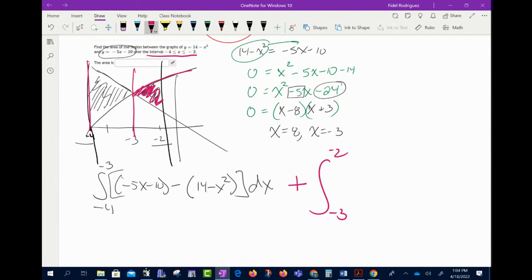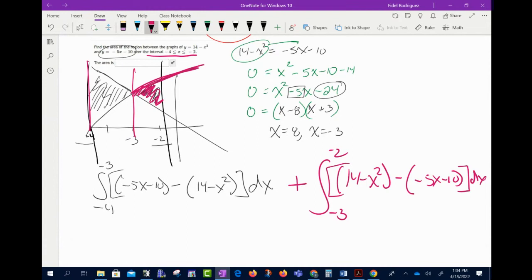And on this part of the area, isn't my parabola now my top function? So what's my parabola? The parabola was 14 minus x squared minus a negative 5x minus 10, right? And so between negative 3 and negative 2, the parabola is the top function. Does that make sense on how I'm doing this now?